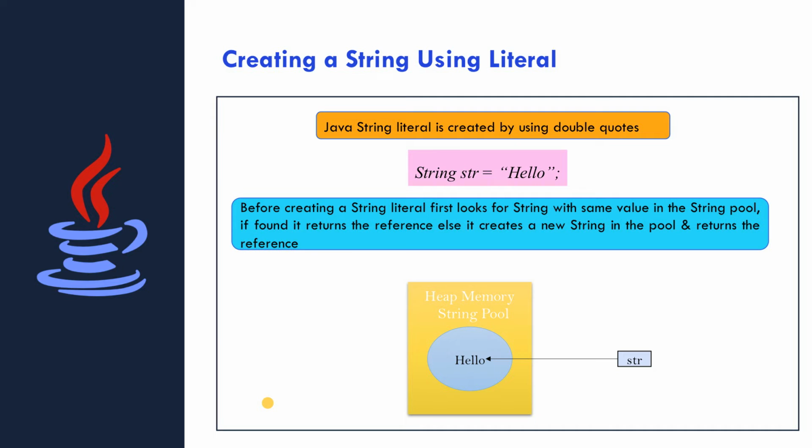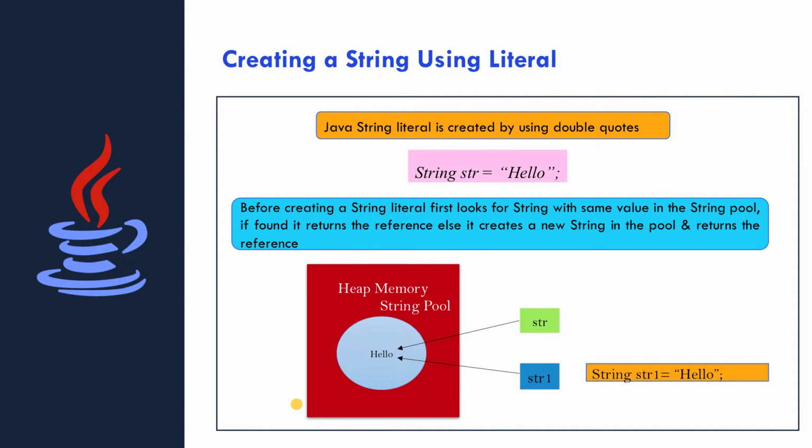Now at some point, when we want to create a new String with the same value, let's say I want to create another String that will also be hello. What happens? Before creating a string literal, first a lookup happens for the value in the string pool. If the same value is already available in the string pool, a new String will not be created. Rather, the reference of that String will be returned.